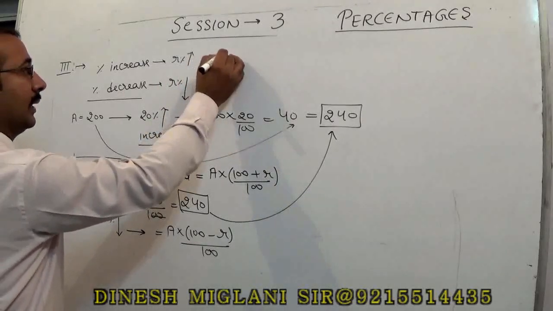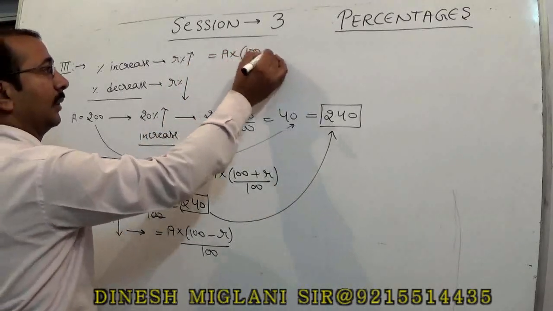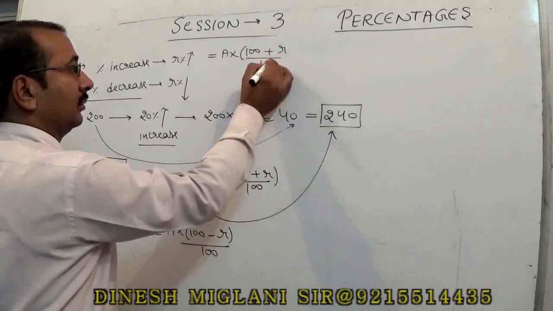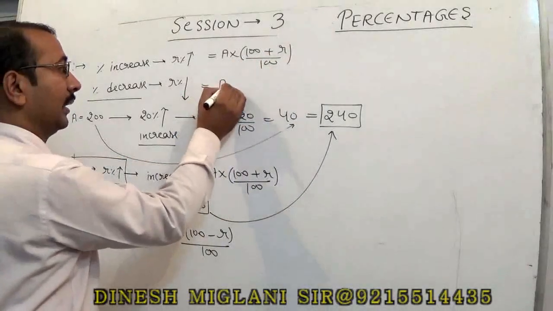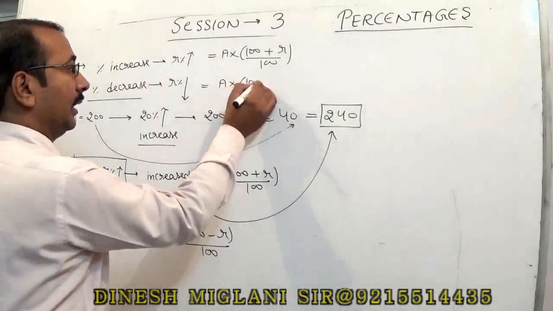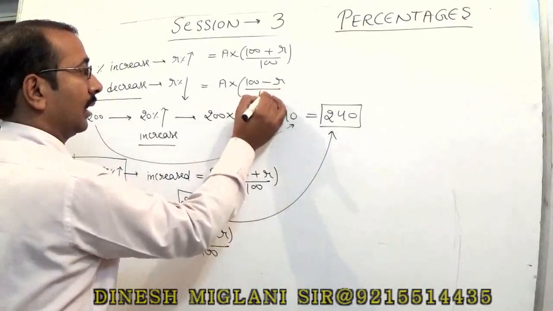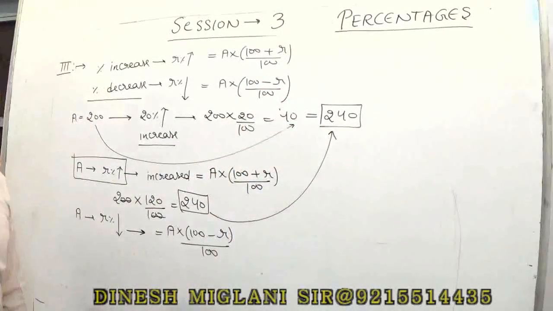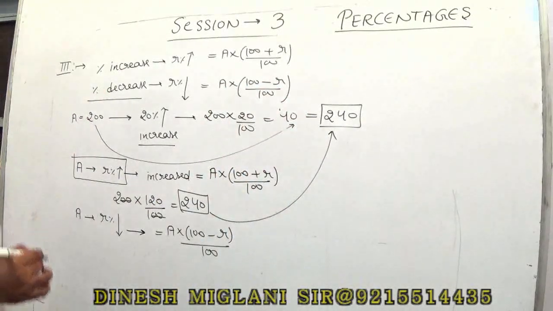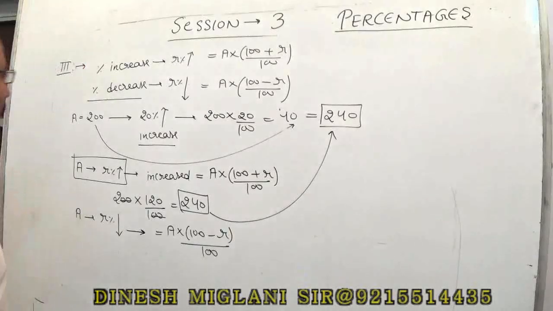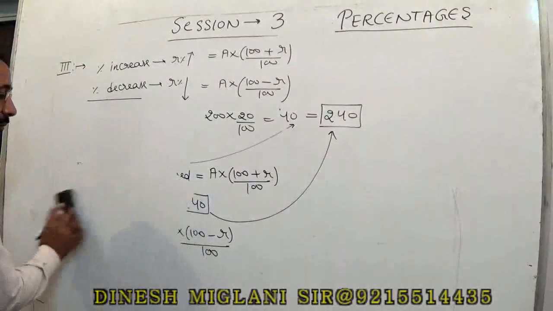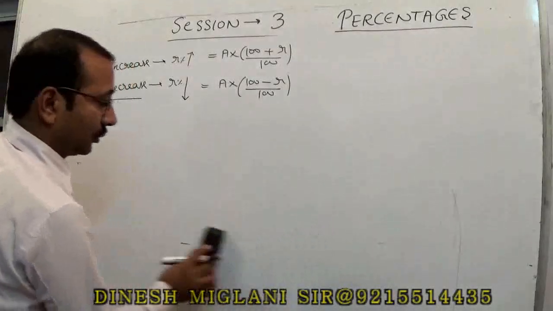This would be taken as A into (100 plus R) upon 100, and the second one is R% decrease. We can take it as A into (100 minus R) upon 100. These two formulas can also be applied at the same time in the same question.